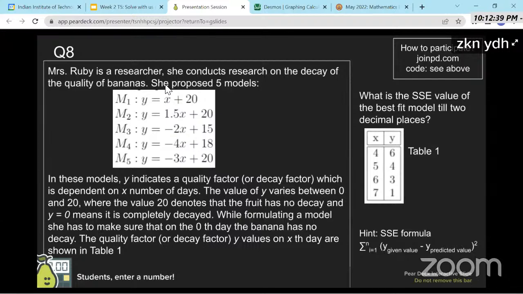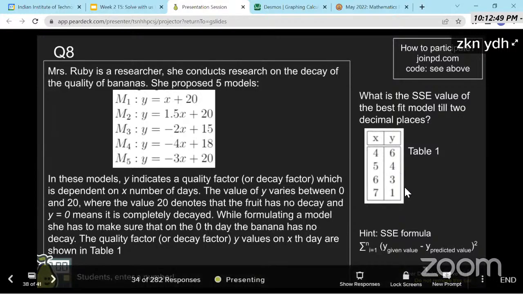Therefore your SSE value will become significantly large. Even though with the first point you would say, okay, fine, I got a somewhat lesser value, looking at the trend in the data, you can say that the error is going to be very large when I choose this model.